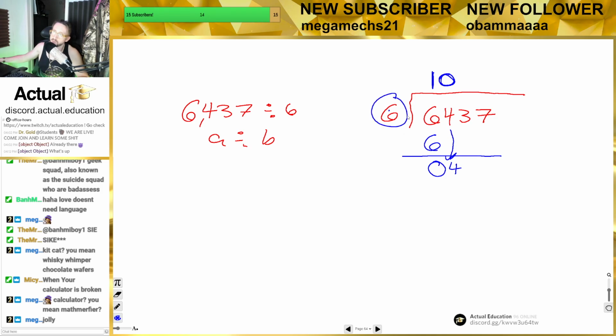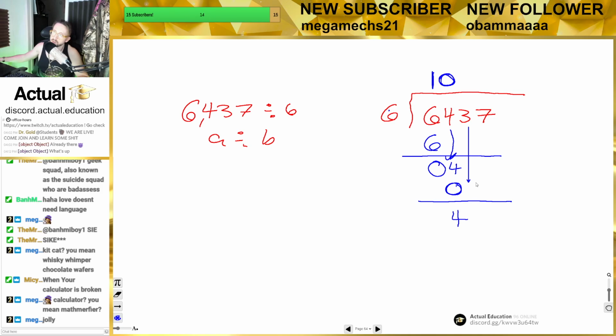Here, we said 6 goes into 4 zero times, so now we've got to do 6 times 0, which gives you 0. We write it here, and now we subtract. 4 minus 0 gives us 4. How many times does 6 go into 4? 0.